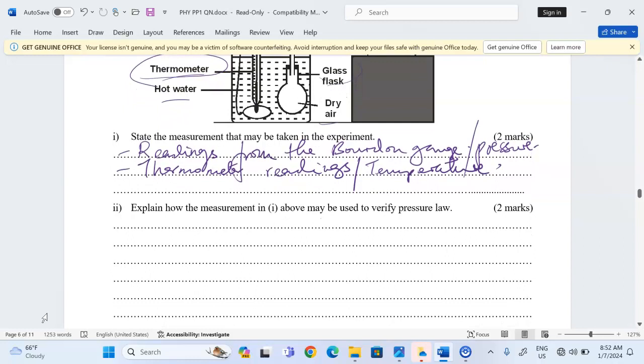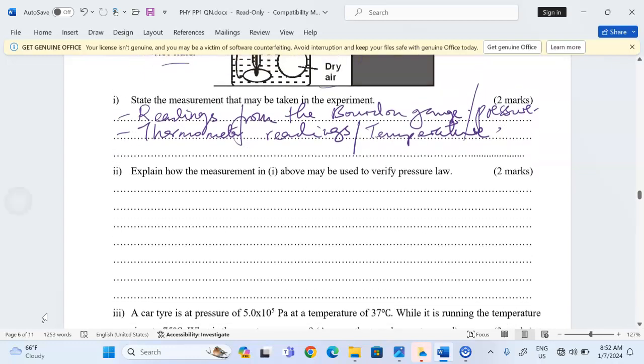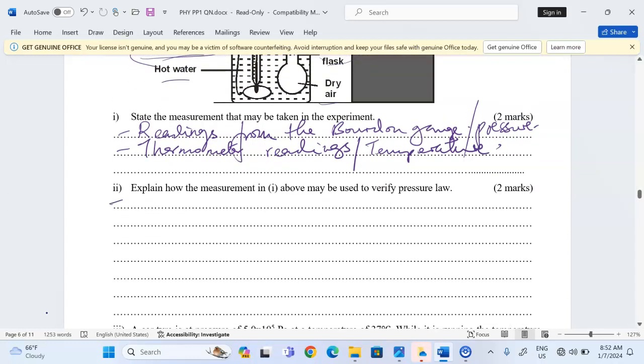In part 2, explain how the measurements in one above will be used to verify. So what happens is that we record the initial temperature and initial pressure of the gas.